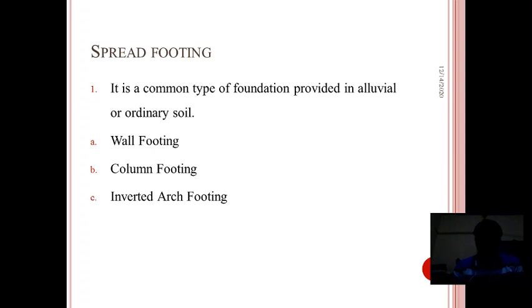If we use it for walls, that will be classified as wall footing. If we use spread footing for a column, that will be defined as column footing. If it is used under the foundation in an inverted arch, then it will be inverted arch footing.